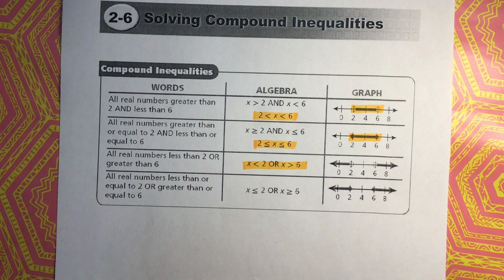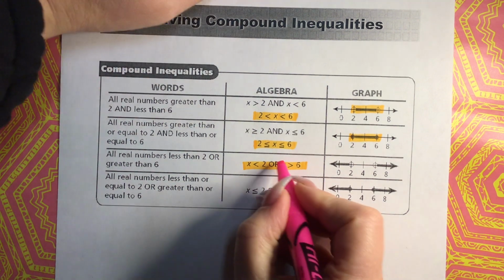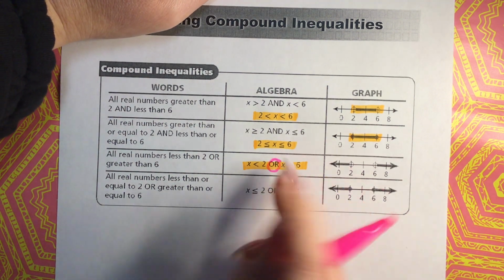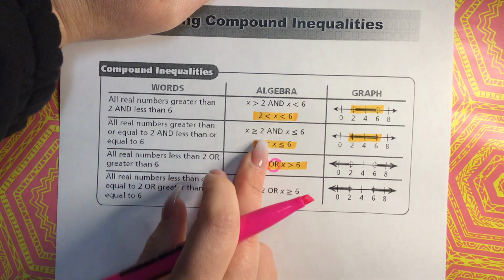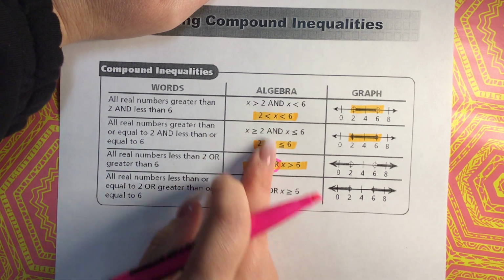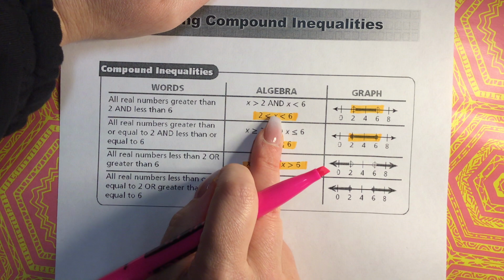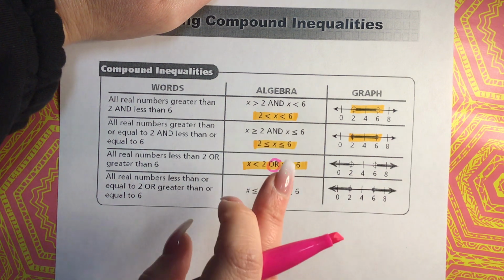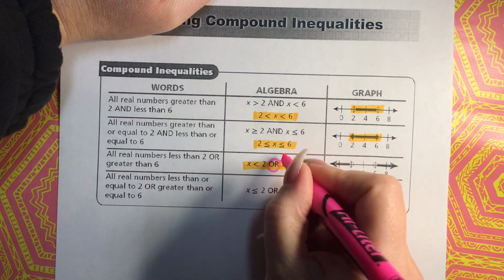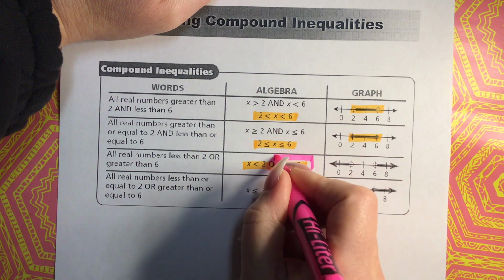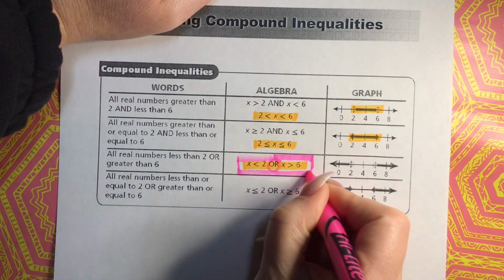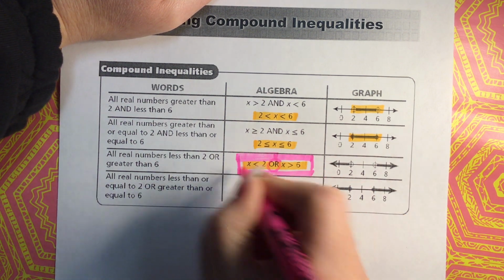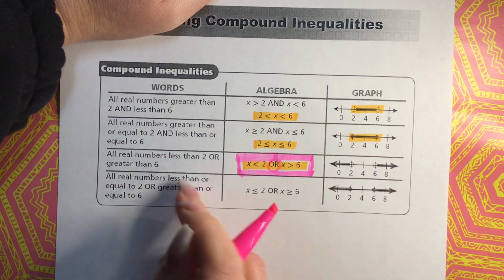But you really have to make sure that you write the word or. You didn't have to write the word and here. You just kind of said it: x is greater than 2 and less than 6. But here you have to write the word or for it to be right on your homework and quizzes and tests and all those types of things.